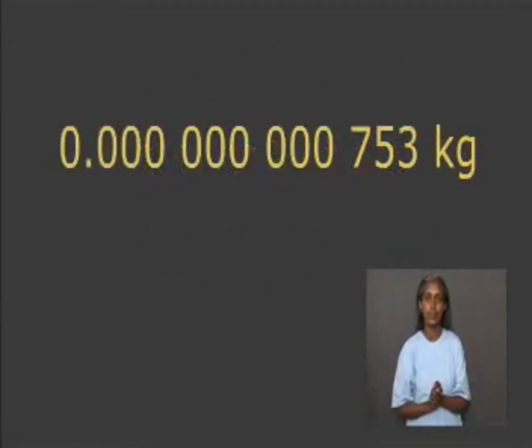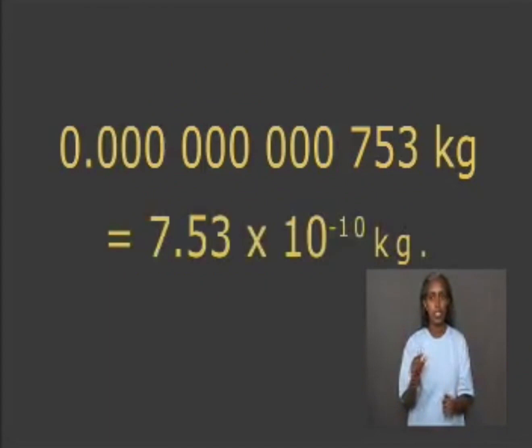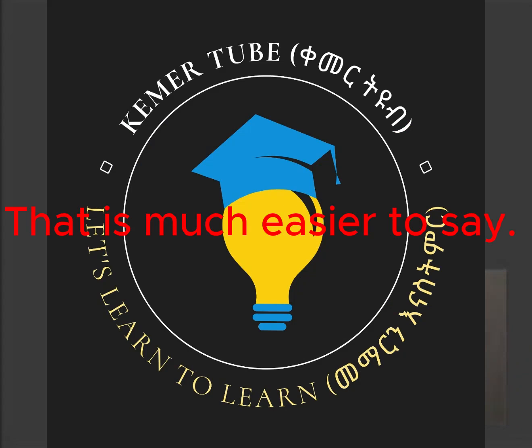Using this method, we could have expressed the mass of a dust particle as 7.53 times 10 to the power of negative 10 kilograms. That is much easier to say.